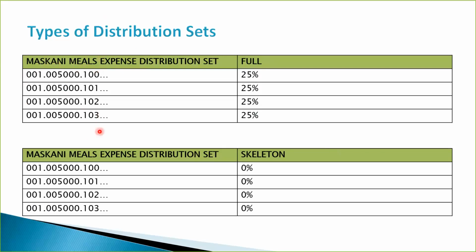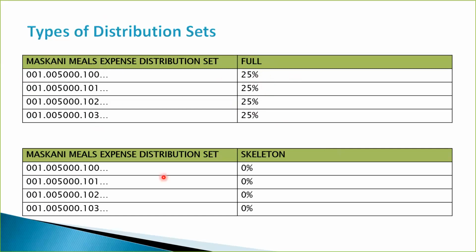So if you have 4 of them and they're splitting this amount evenly, then you will define the percentages as 25% for each. So for example, if the invoice comes in for $1,000, then each account will be hit with $250, right?